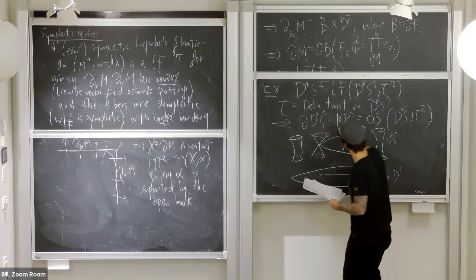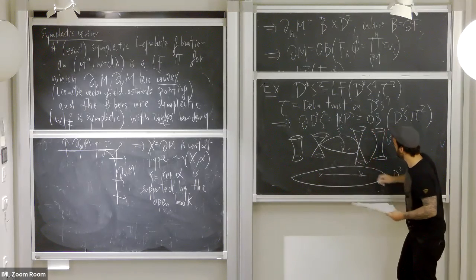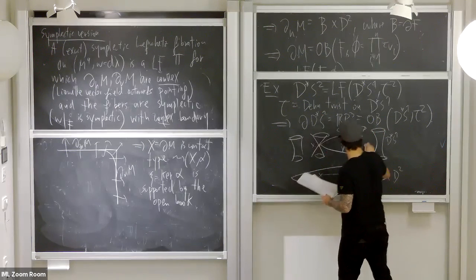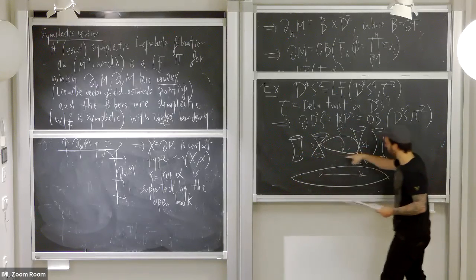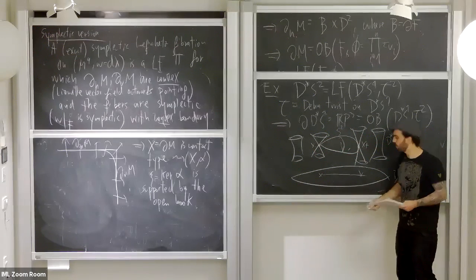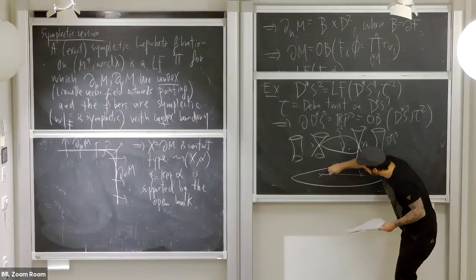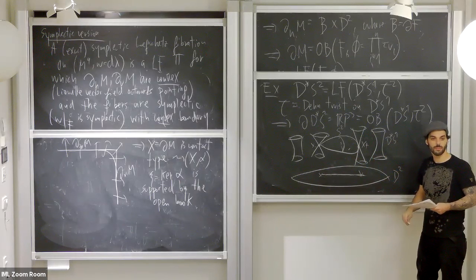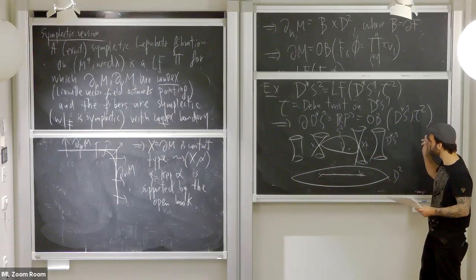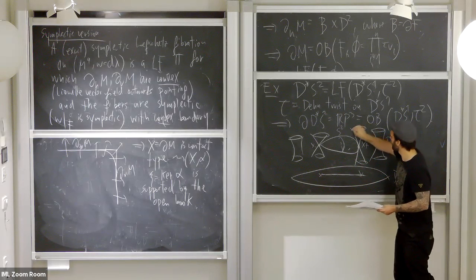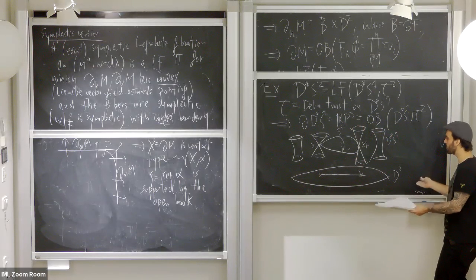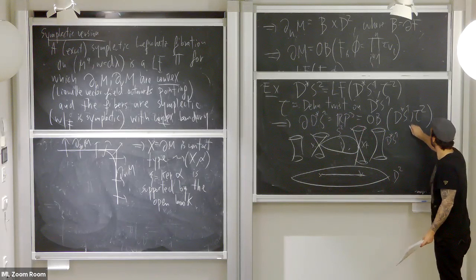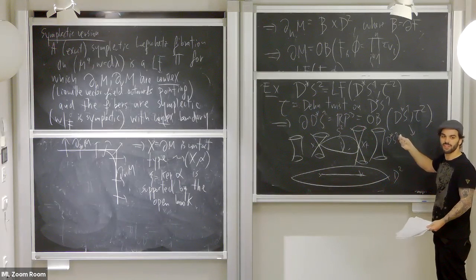Here's the zero section of D*S2. Here's the south and the north pole, x minus and x plus. And the zero section of the Lefschetz fibration projects down to this interval, joining the two critical values. So there are precisely two singular fibers. And what you should think is when I take the boundary of this thing, I get the geodesic open book. This is concretely a geodesic open book.